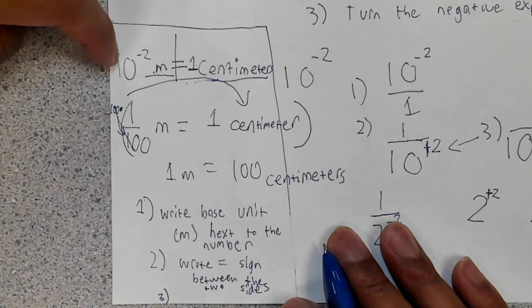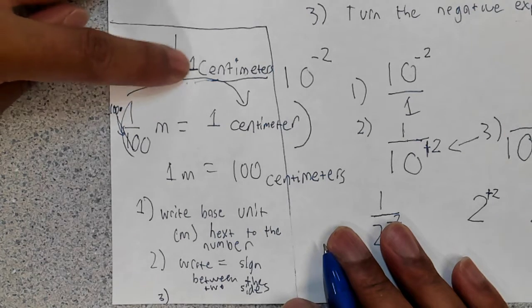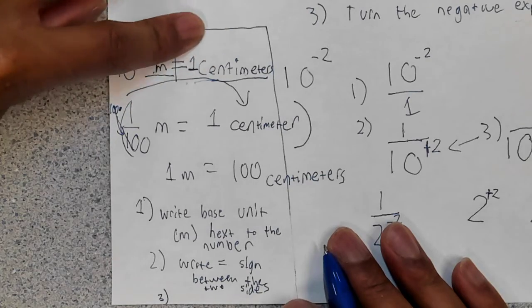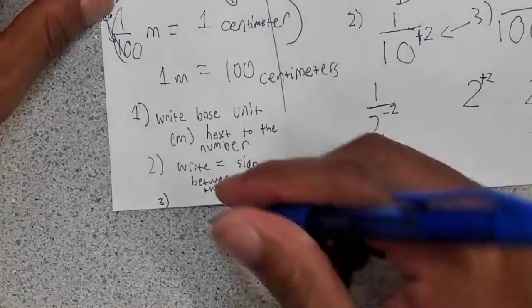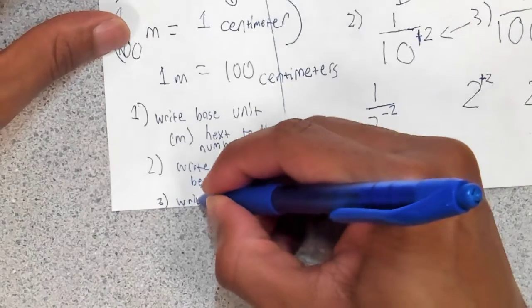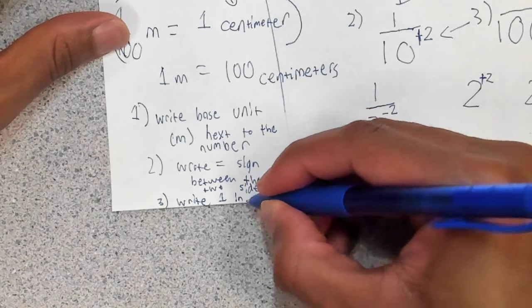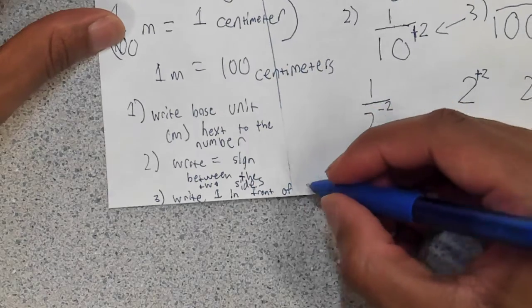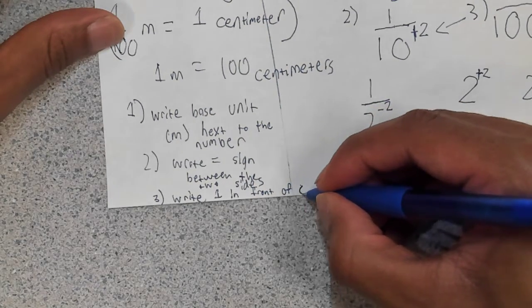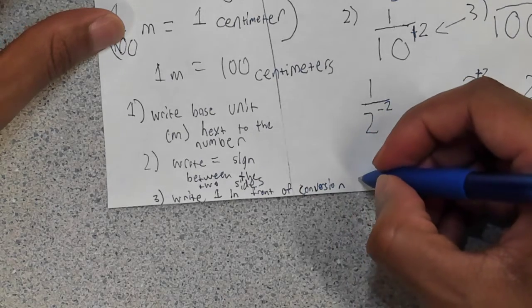This means that when you get the conversion factor and it says 10 to the negative 2, it's 10 to the negative 2 base units equals 1 of this unit that you got from the conversion chart. So write 1, or just know that it's 1, in front of the conversion prefix.